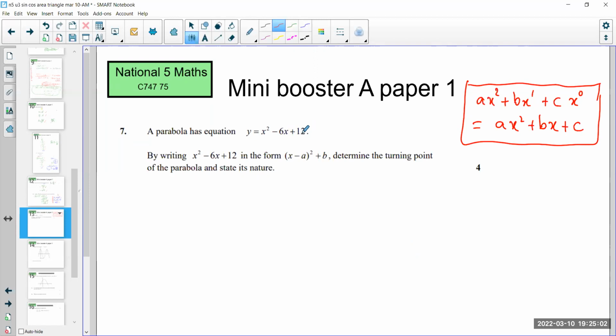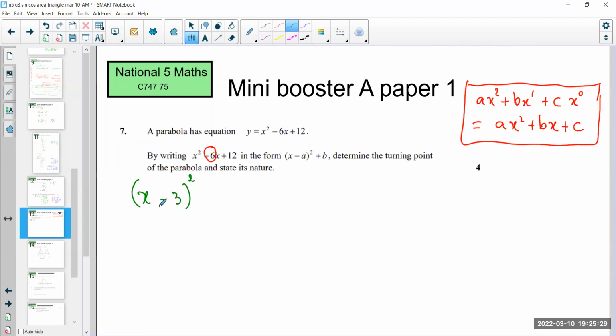What we have here, we've been asked to write in this form, completing the square. How do we complete the square? We look at this number here, and we divide it by 2. That would be (x minus 3) squared.